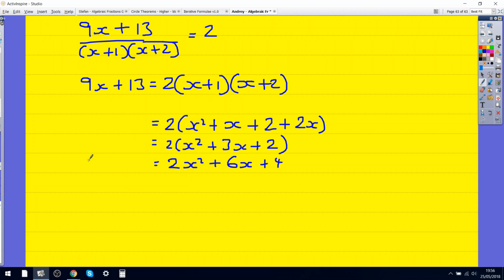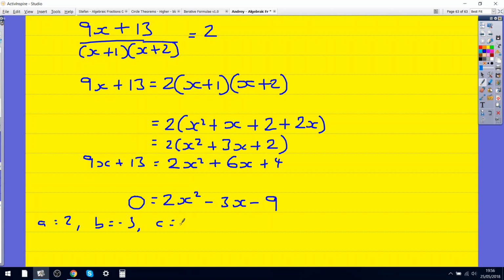And then if I take the equation from the left, that would be 2x squared minus 3x minus 9 equals 0. And then you'd do the little equation with a, b and c. So 2 is a, minus 3 is b, and minus 9 is c.